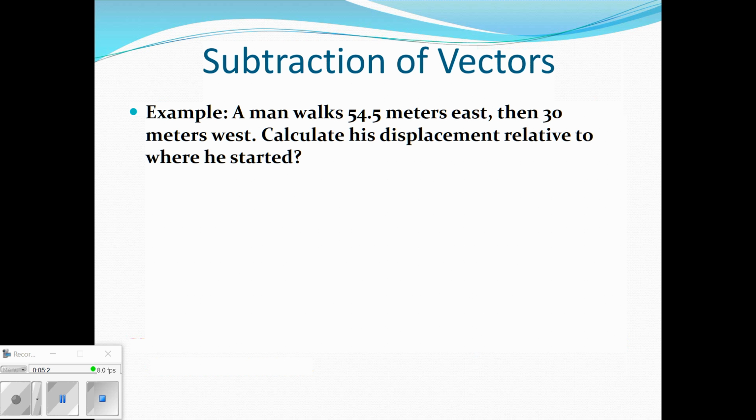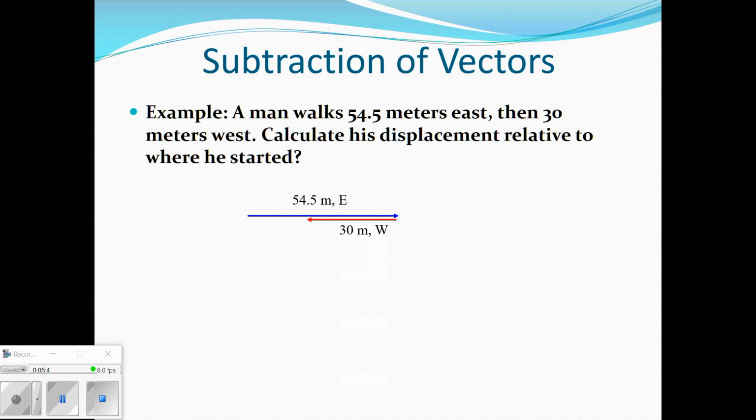On the flip side of that is subtraction of vectors. In this scenario, we have a man that's walking 54.5 meters east, same as before, but now instead of walking further east, this individual is going to walk to the west. Now you'll see that I start the tail of my red vector at the tip of my blue vector, so I'm using the tip-to-tail method.